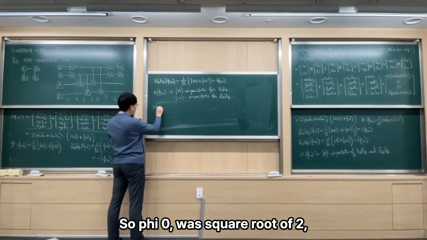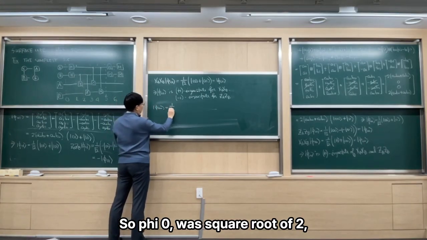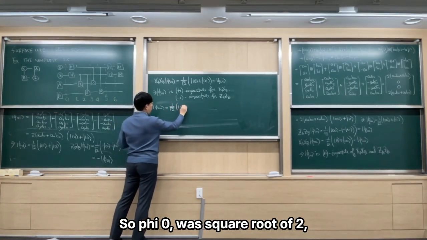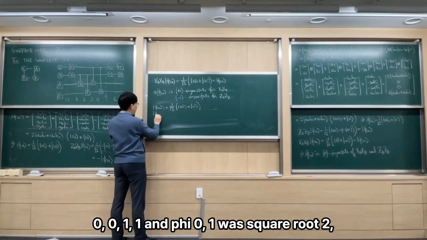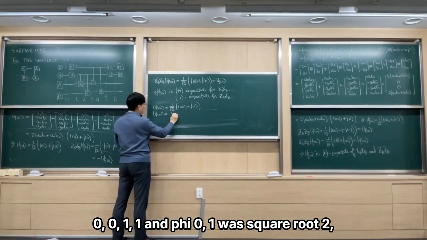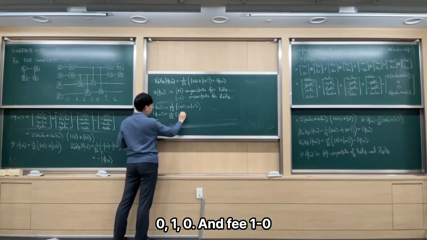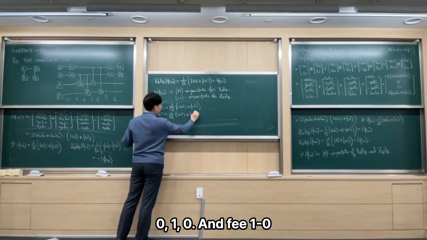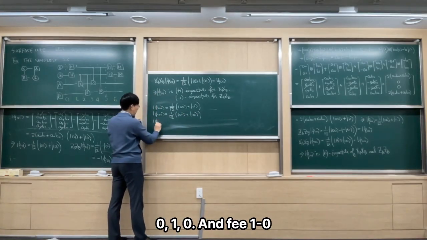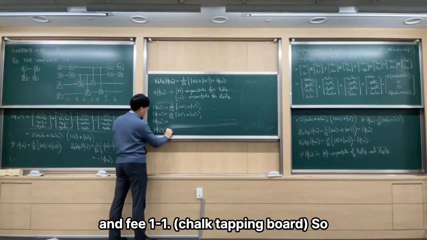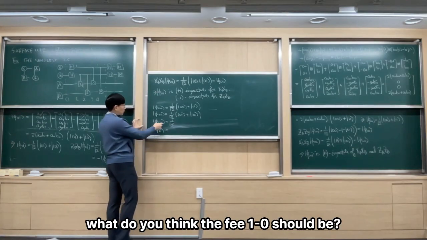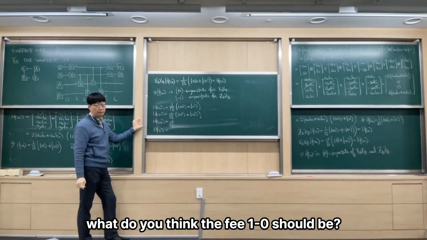Phi 0, 0 was 1 over square root of 2, (0, 0 plus 1, 1). And phi 0, 1 was 1 over square root of 2, (0, 1 plus 1, 0). And phi 1, 0 and phi 1, 1. So what do you think phi 1, 0 should be?